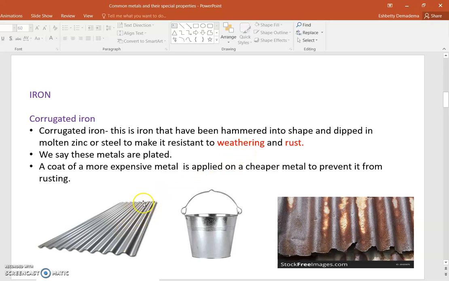If you remove that zinc or steel, or if you don't paint it properly, then your iron will start to rust. Here is an example of a corrugated iron sheet that has rusted. You see, it's starting to break down, and it will continue breaking down as long as it is exposed to water and oxygen.